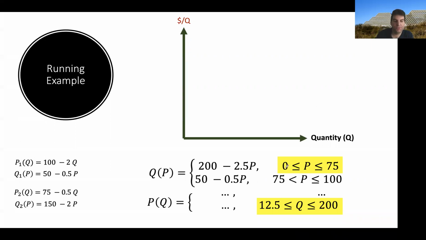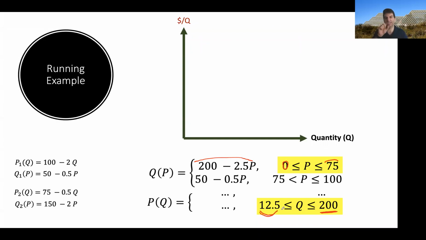So if I look at this, from 0 to 75 in the per unit price, if I plug a 0 into this expression here, then I get 200 out. And if I plug a 75 into this expression here, I get 12 and a half out.